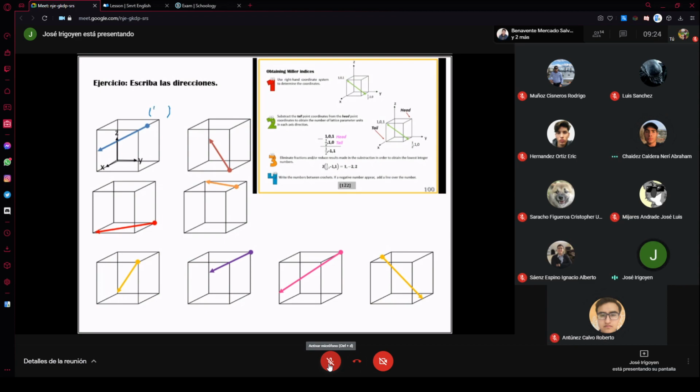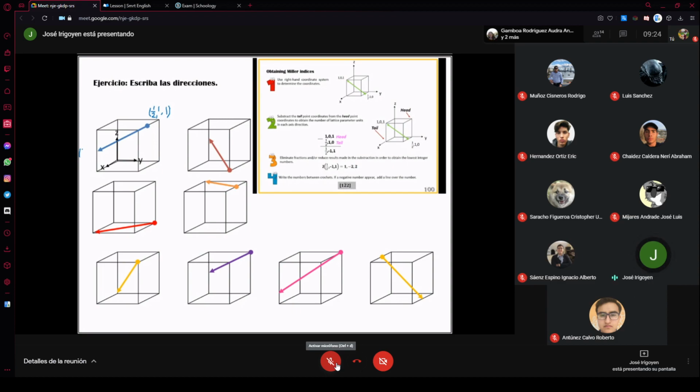1/2. Okay, so then in Y? 1. And in Z? Also 1. Okay, so now here in the head, what are the coordinates?